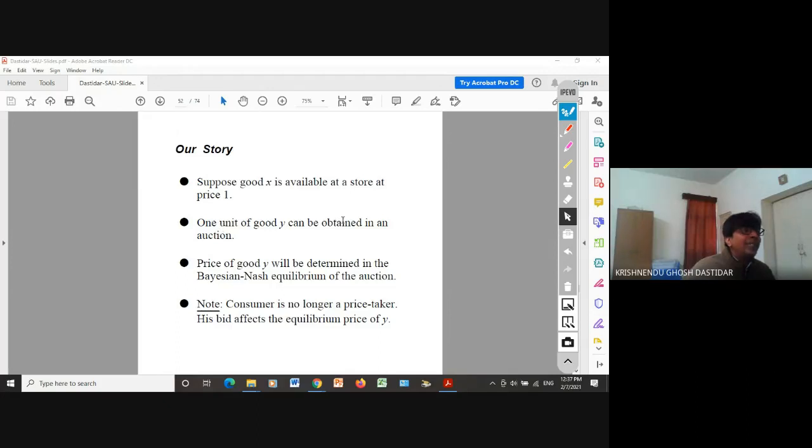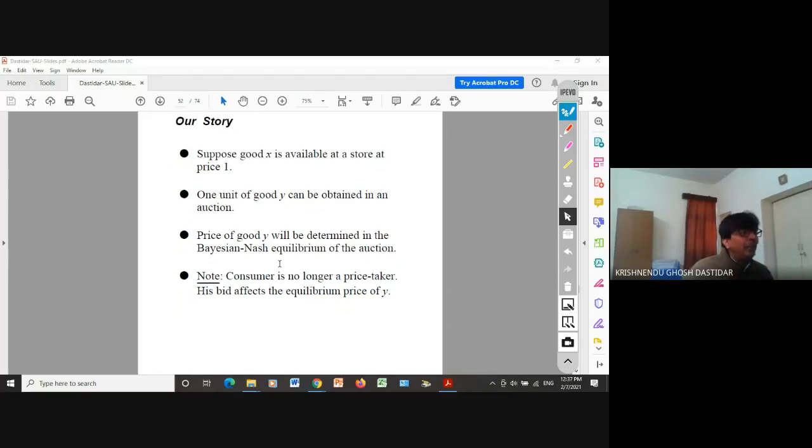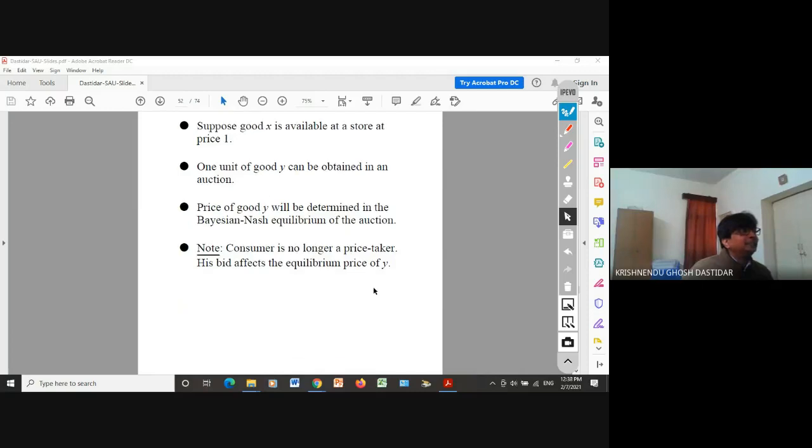One unit of good Y can be obtained in an auction. So good Y is not available in a store at a fixed price, but it has to be obtained in an auction. So you have to participate in that. And the price of good Y will be determined in the Bayesian-Nash equilibrium of the auction. Therefore, the consumer is no longer a price taker as far as good Y is concerned. His bid affects the equilibrium price of Y.